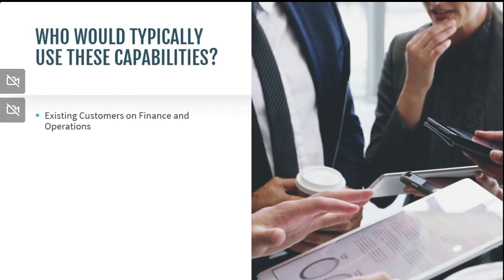Well, it would be, first off, existing customers that are on the finance and operations platform. If you already have F&O, all you have to do is add the EAM capabilities, and boom, you're able to use that integrated EAM based capability where you can generate purchase orders, track costs, capitalize things, you name it, all inside of one business system.